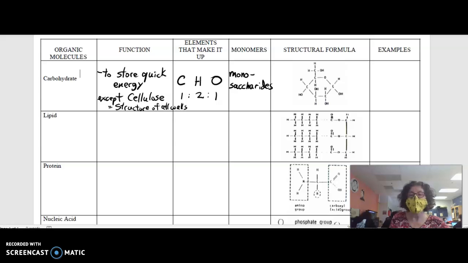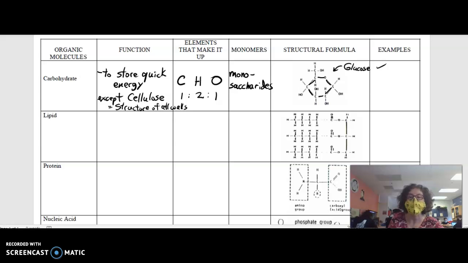Examples. If you notice here, this is a glucose molecule, which is a very prime example of a carbohydrate. It's actually an example of a simple sugar, of a monosaccharide. And glucose I've drawn as hexagons for you before, and this just shows that hexagon, if you see, here's the shape of that hexagon, and at every corner of the hexagon there's a carbon atom.